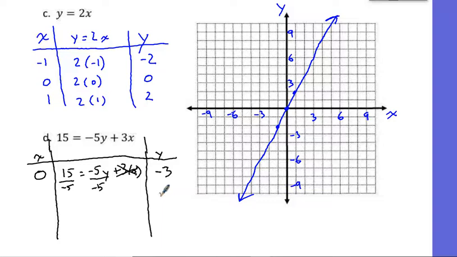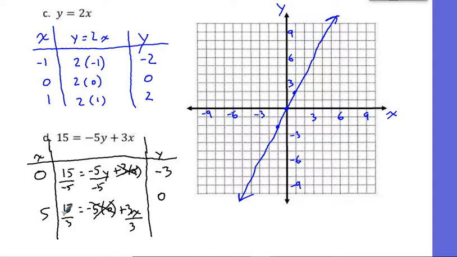So let's substitute 0 in for y and see what happens. 15 equals negative 5 times 0 plus 3x. This time the negative 5 times 0 is 0. And so we have 15 equals 3x. We'll divide both sides of the equal sign by 3 and get x to equal 5.